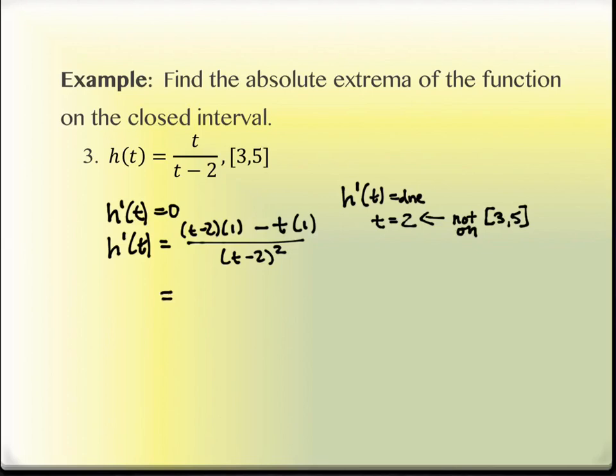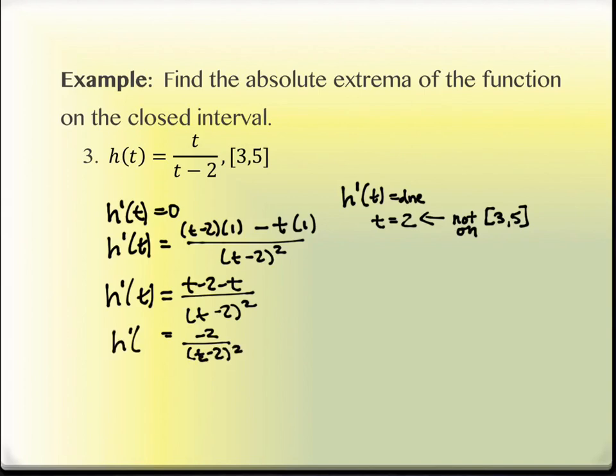So this is going to be t minus 2 minus t over t minus 2 squared. So I have negative 2 over t minus 2 squared. And I'm supposed to find out where this is equal to 0. So, where is it equal to 0?